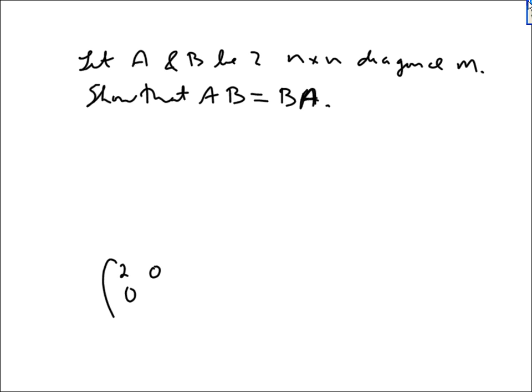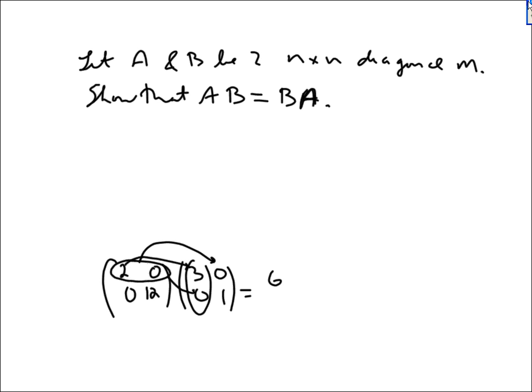Now, letter C, in a numerical example, does this work? Take 2, 0, 0, 12 and 3, 0, 0, 1. The first row dotted with the first column: basically, you're just multiplying the 2 and the 3 to get 6, because 0 times 0 is 0. And with the second one, the 2 gets multiplied by the 0, which is 0. The 0 gets multiplied by the 1. That's always going to be 0 here, even if there weren't a 2 and 3.